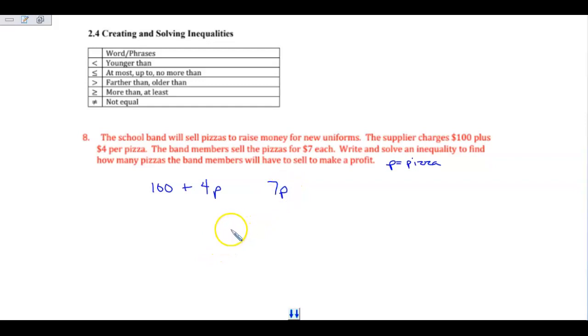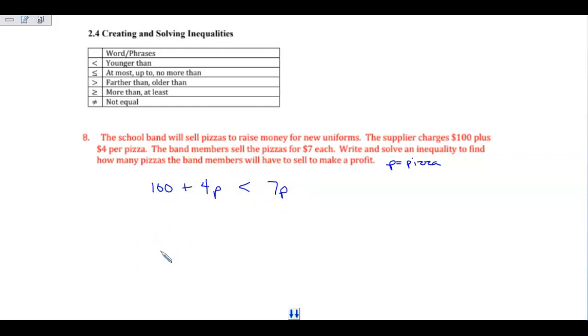Now they want to know how many pizzas the band members will have to sell to make a profit. When you're making a profit, you want to make more than what you spent. So we want to know, when does this become more than this? So it's going to be less than.